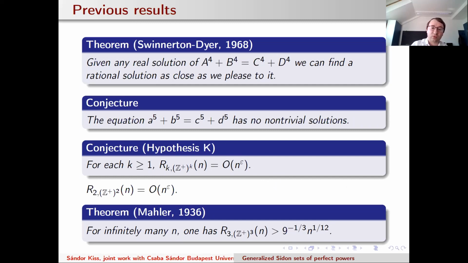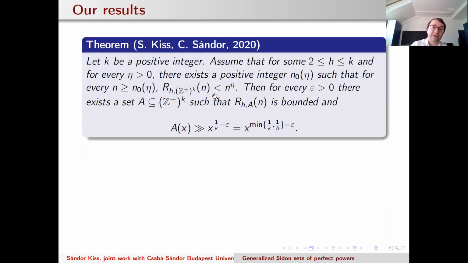And now let's see what we could prove. We could prove that if this hypothesis K holds, then there exists a set of positive k-th powers that is a weak BhG set, so the representation function is bounded, and it is as dense as in our conjecture.